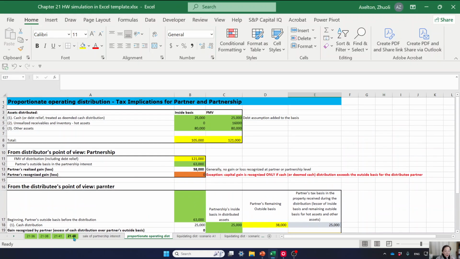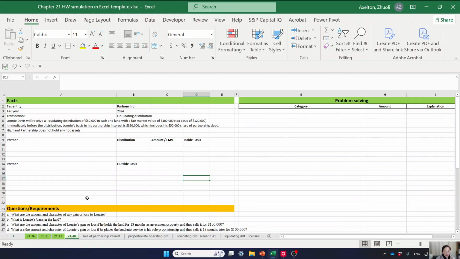And for the last question, this is a liquidation distribution. As I mentioned in the slides, the liquidation distribution is always a little bit more complicated.